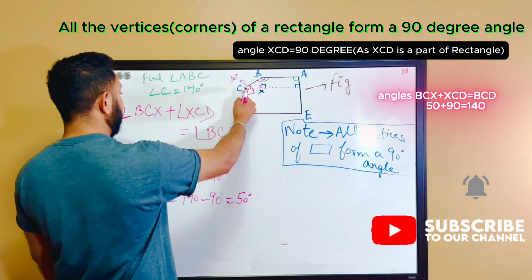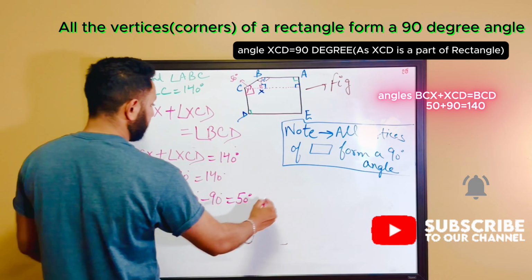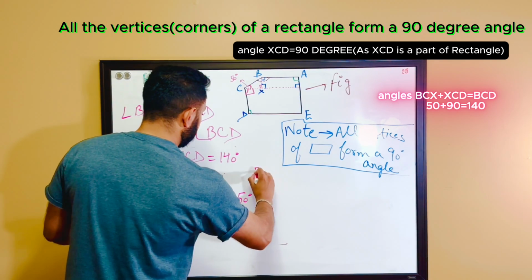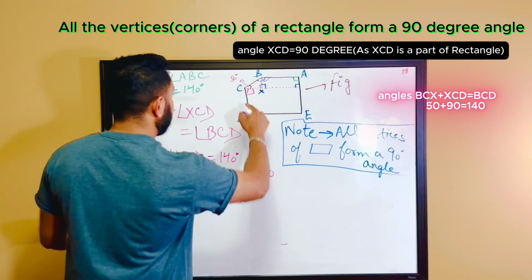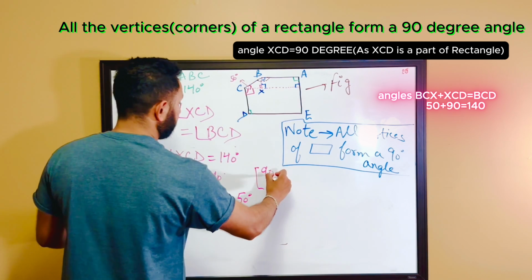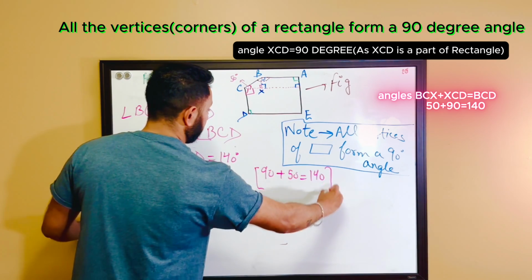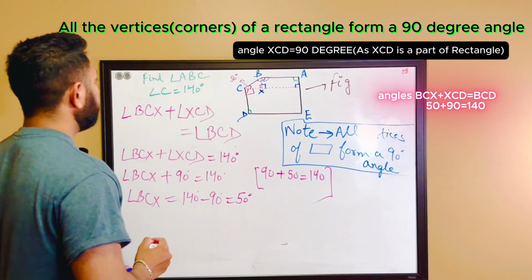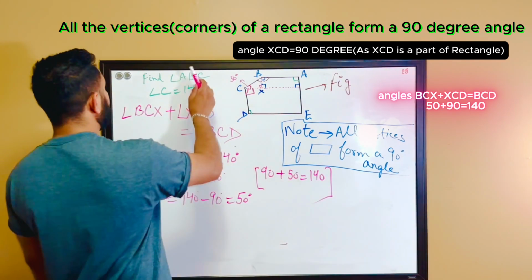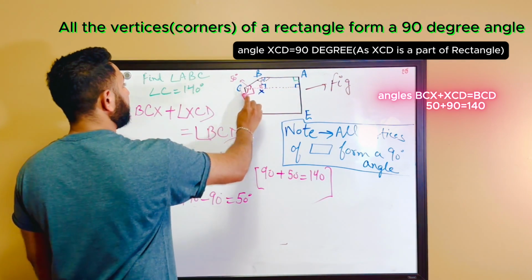So this whole angle makes 140 degrees. That means 90 plus 50 is 140 degrees. But we need to find out angle ABC.